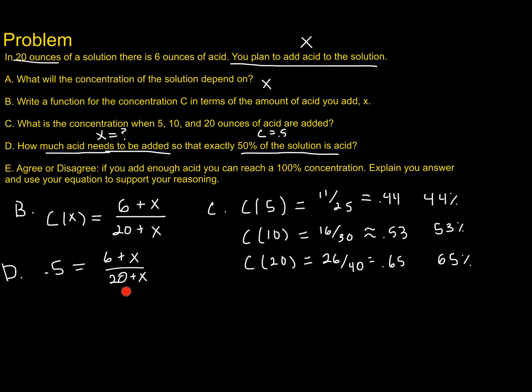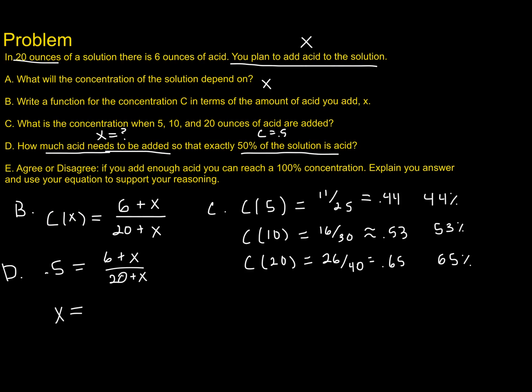I simply need to multiply on both sides by 20 plus X, and then I can solve for X. So go ahead and show your work here. I expect to see your work and then check your final answer that it makes sense. So I'll be looking here that you have the correct value of X, and then you can check that X is correct by plugging it back in and seeing that your concentration will be 0.5 or 50%.